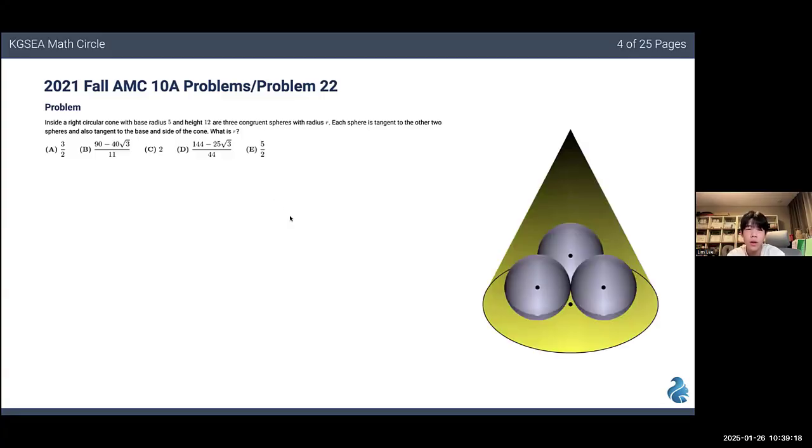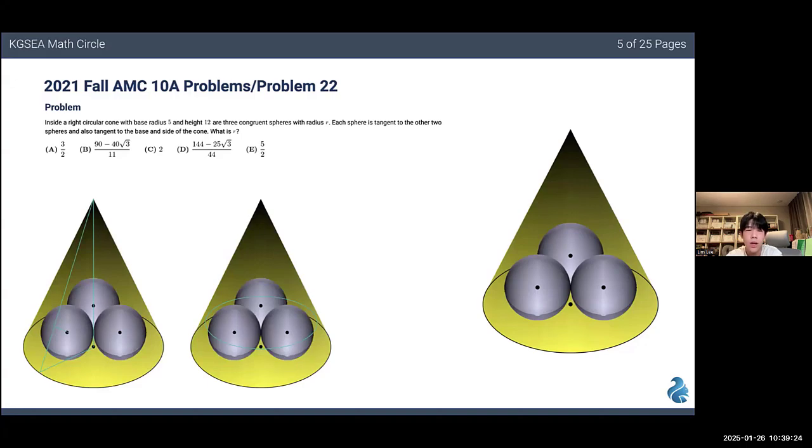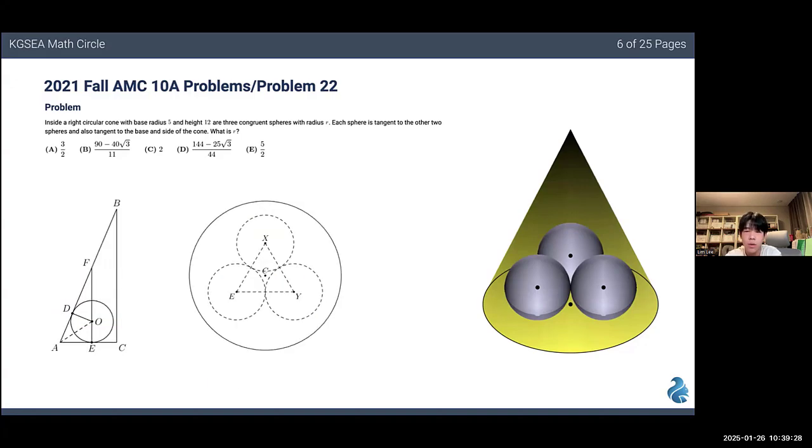So to start off, this is the diagram of this problem, and we can take 2 cross sections as such, with one horizontal, parallel to the base of the cone, and the other vertical, passing through the height of the cone.